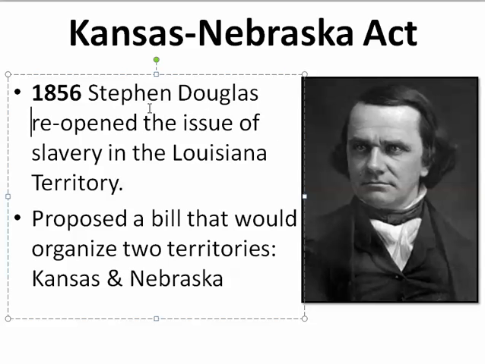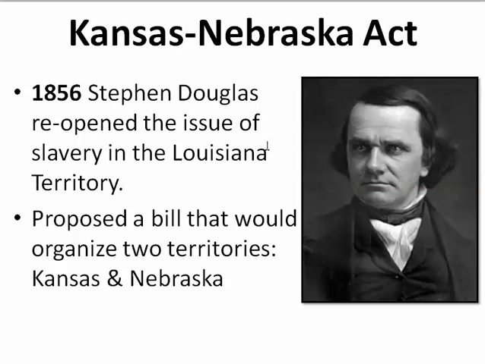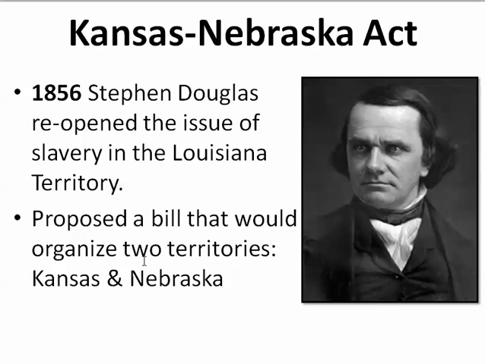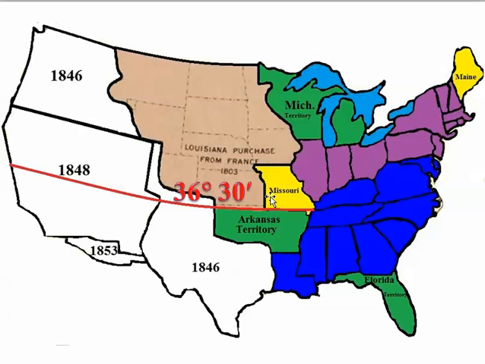Alright, so Stephen Douglas reopens this issue of slavery in the Louisiana Territory. If you recall, in the Missouri Compromise, we talked about the Louisiana Territory, and Missouri came in as a slave state and Maine came in as a free state.